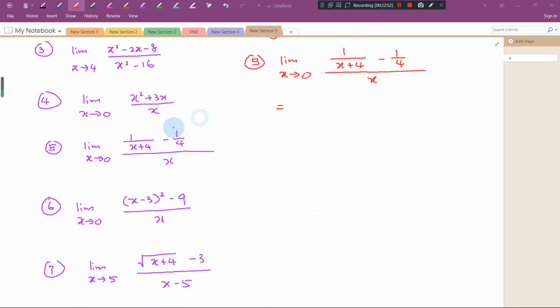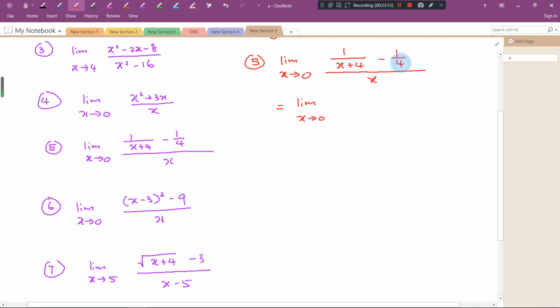Okay, now let's look at question number 5. Same thing here, you notice that the product is 0 here, you get 0. The denominators of a fraction cannot be 0, right? So how do we solve it? In this case, normally the x here will be able to cancel up at the end.